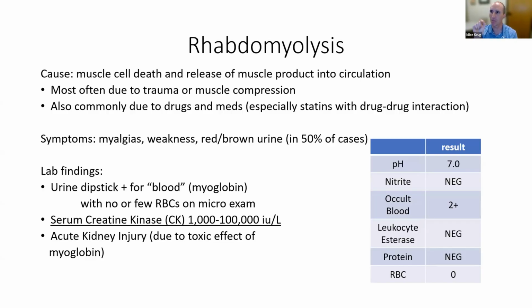So that's a tip off that it's myoglobin turning your dipstick positive for blood, but there's no actual blood that you can see in the microscopic evaluation. That's suggestive of myoglobinuria and rhabdomyolysis. What else do you get? You of course get a CK that's very high, at least 1,000, often in the tens to 100,000 plus, and then acute kidney injury with associated electrolyte derangements due to a toxic effect of the myoglobin hurting the kidneys.